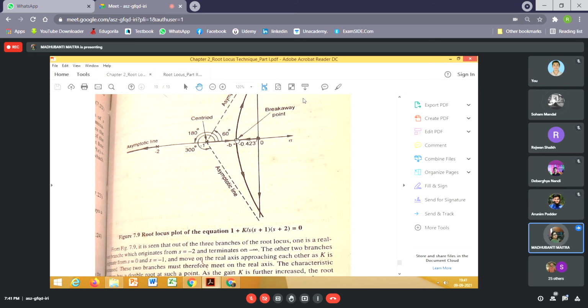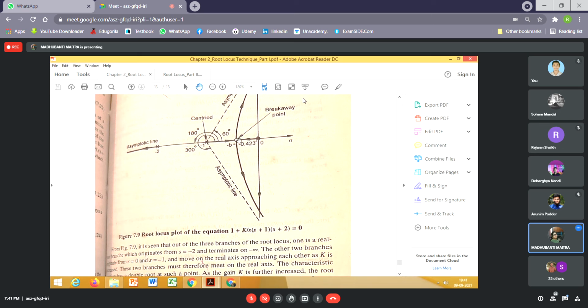Also, please note that this point is common to this root branch as well as this root branch, isn't it? This point is lying on this root branch as well as on this root branch, right? A common point.